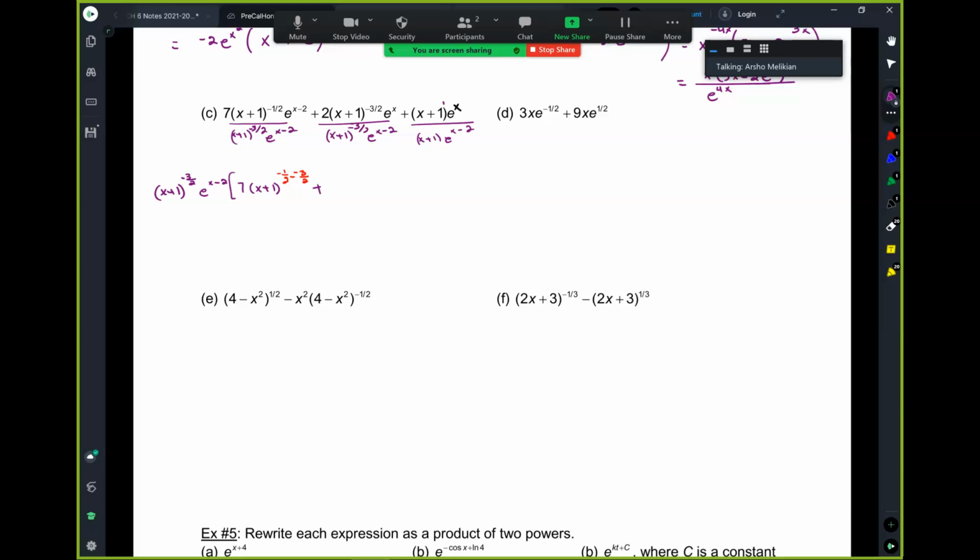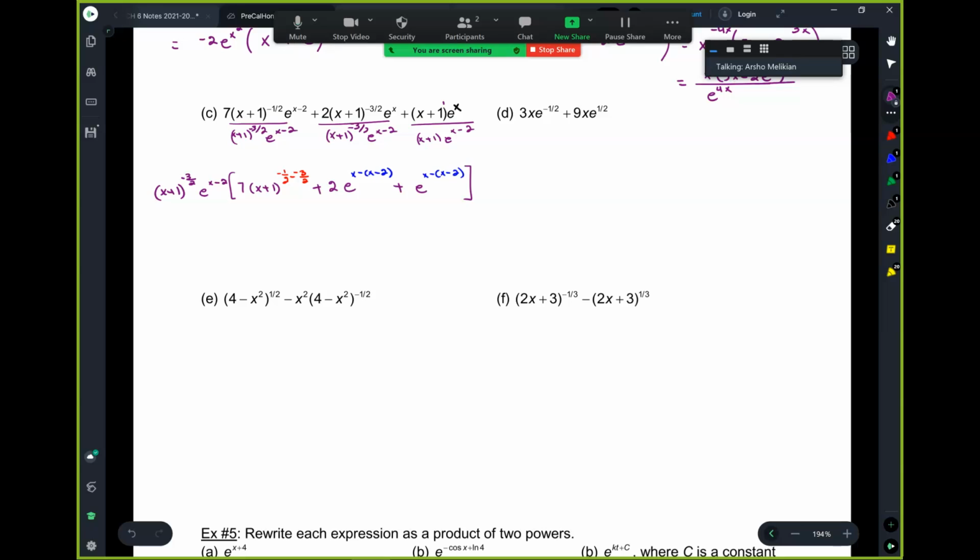Plus 2. The x plus 1s will go away because they have the same exponent, right? They're identical. And then I have e to the power of x minus 2.